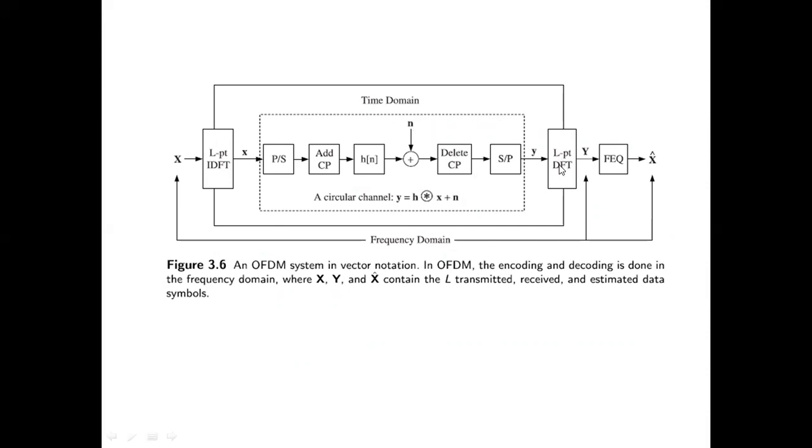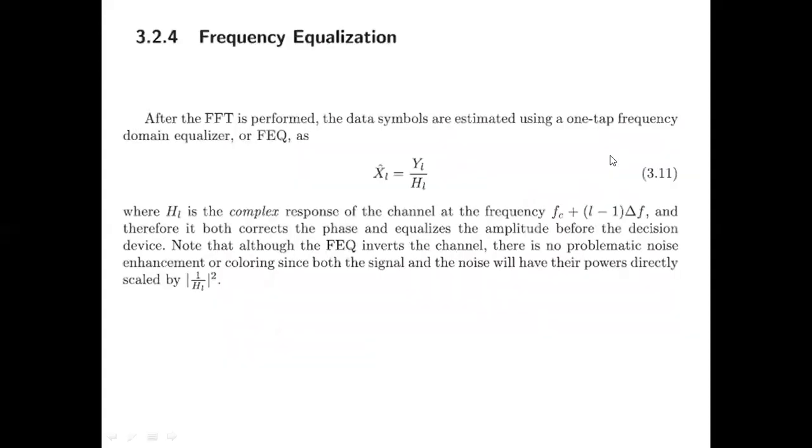You do the DFT, so convolution becomes multiplication, and you do the frequency domain equalization. You have your data Y, you know the channel H, and in the frequency domain Y divided by H gives you your original data. That's frequency domain equalization, or in the block, FEQ.